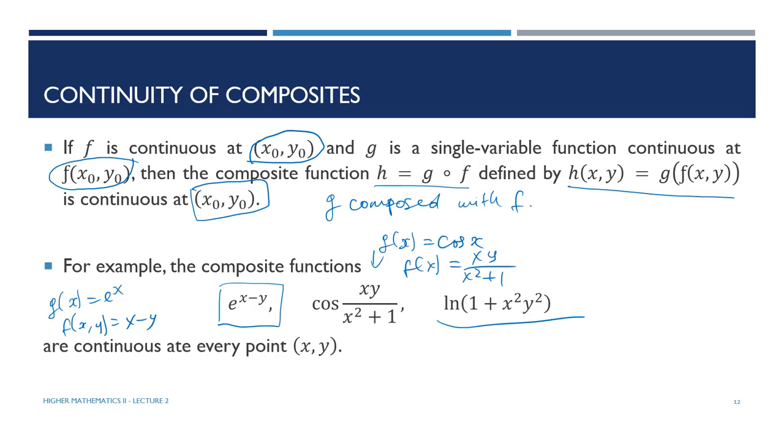And in this case also, g of x is ln x, f of x, y is 1 plus x squared y squared. These are continuous at every point x, y. This e is extra, we don't need that.